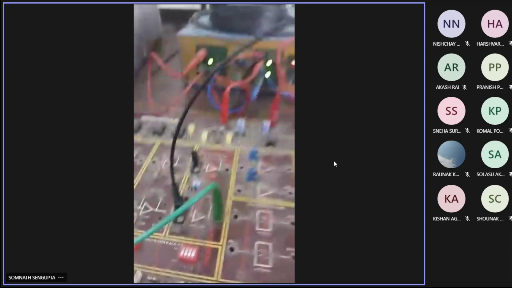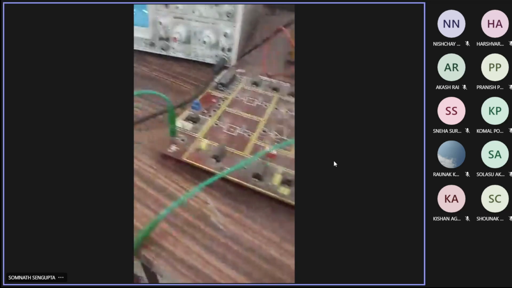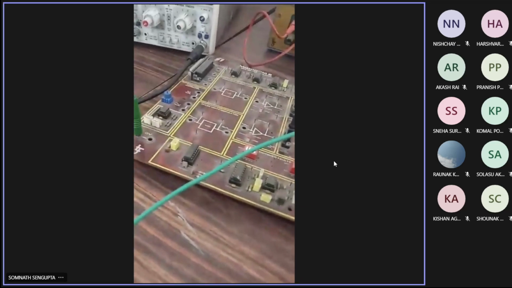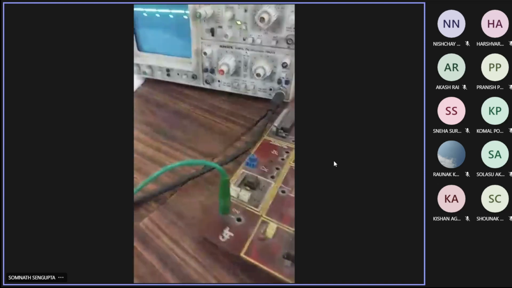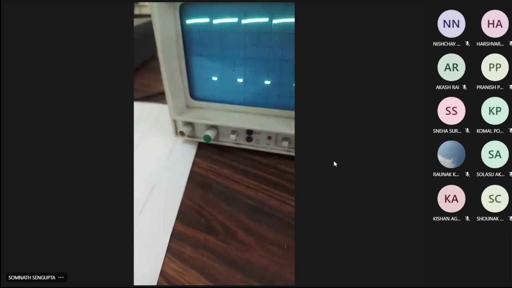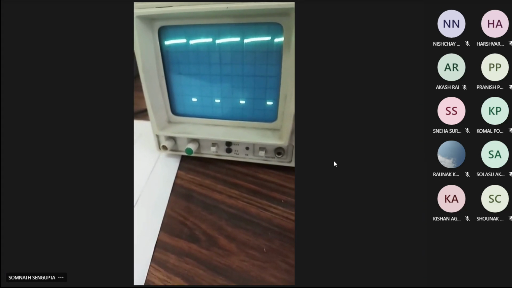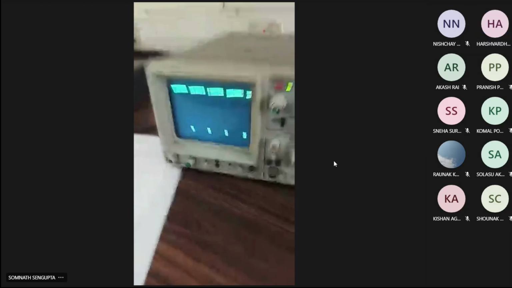So now it is coming to the detector. Now you see the detected output voltage coming on the screen. Are you able to see? Yes, sir.